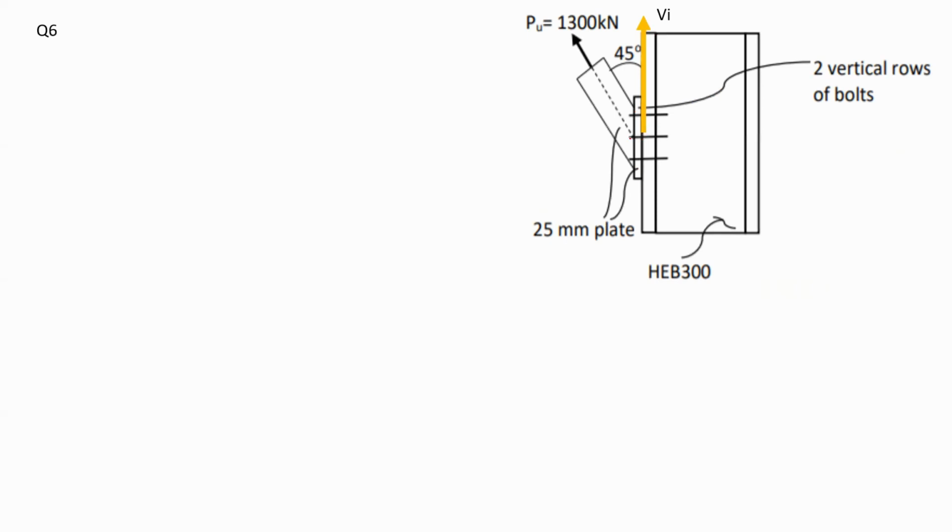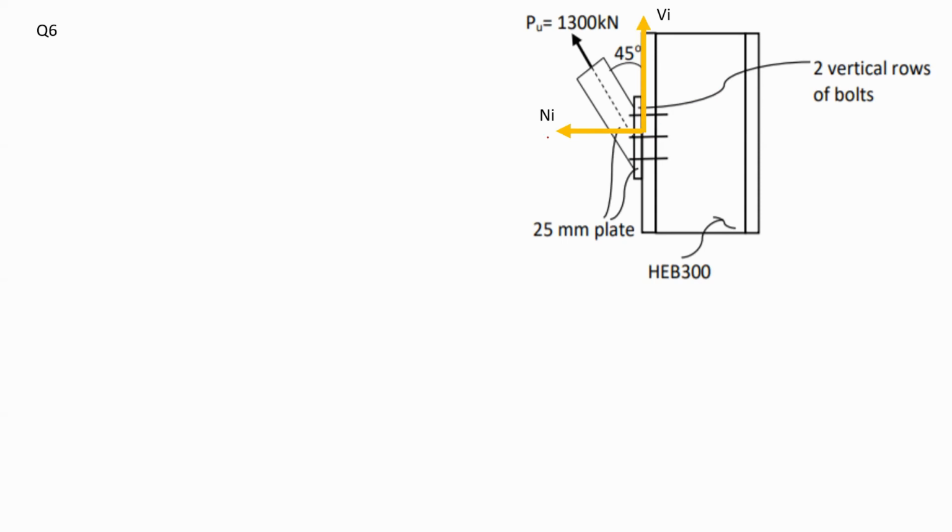There is another component of this force in the X direction that would cause a tensile force on my bolts. One of them is tension force, the other one is shear force. That's why I call them VI and NI.